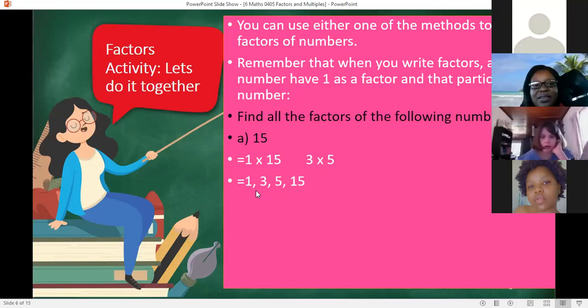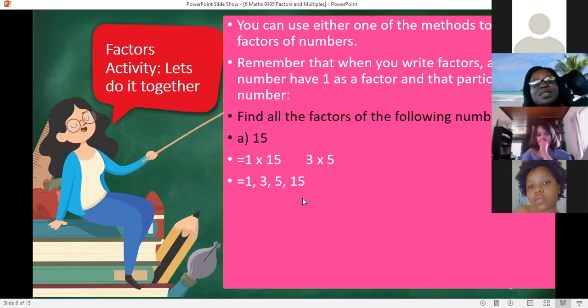So list them. It's first going to be 1. Well done. And then it's going to be 2. Well done. Then it's going to be 4. You said 1, 2, 4, and then which number is after 4? 5.